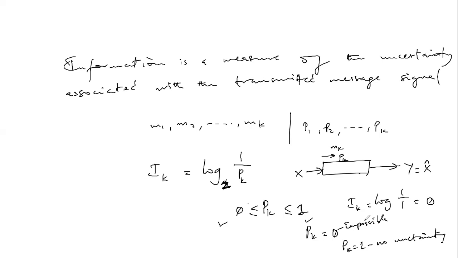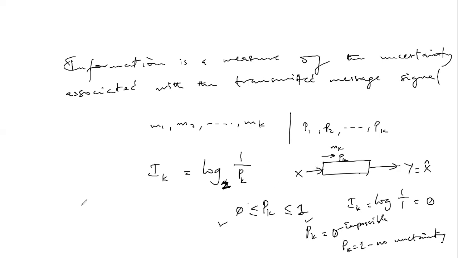So there's no information gained when we are absolutely certain about the outcome of the event. If the receiver knows the message being transmitted, the amount of information carried is 0. That's the implication. Same with this: 1 over 0 is some infinite value, so that's impossible.